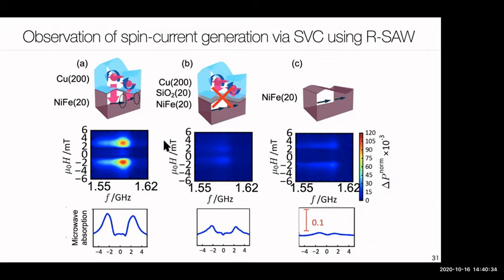And if you block the spin current injection from the copper layer to the ferromagnetic thin film by using this silicon oxide film, then this microwave absorption disappears. And of course, for the ferromagnetic monolayer film, we have almost nothing. So this is the demonstration of the spin current generation via the spin vorticity coupling.